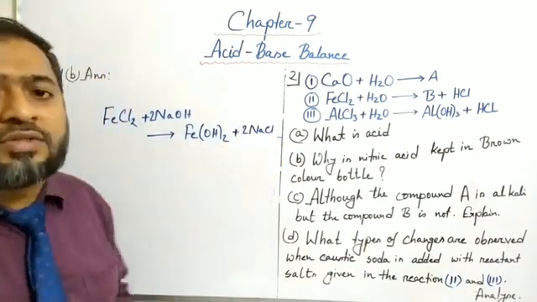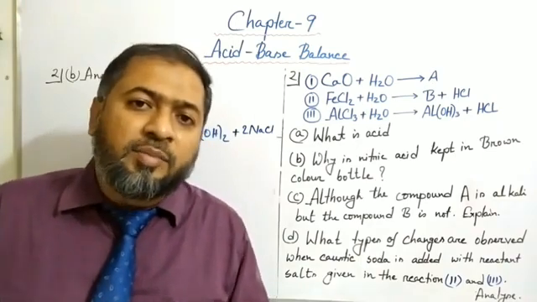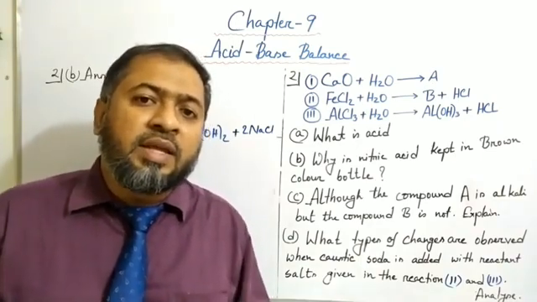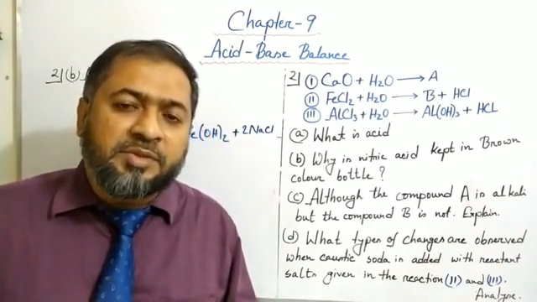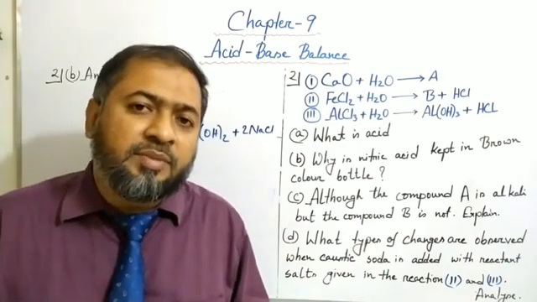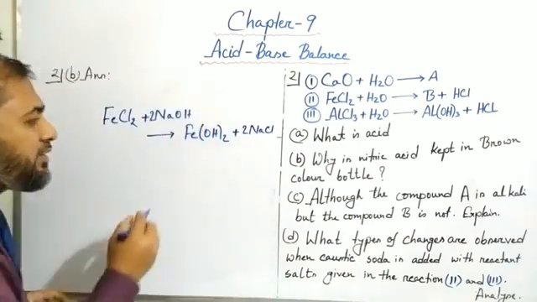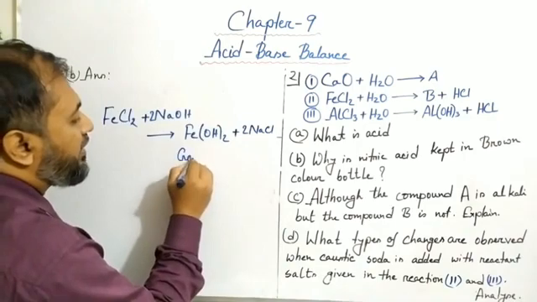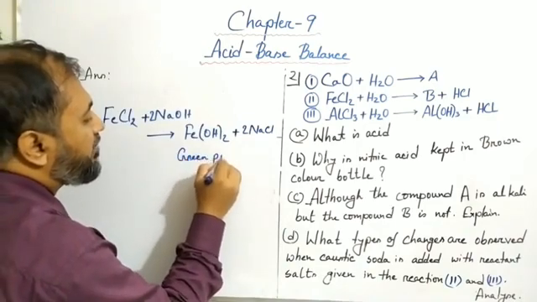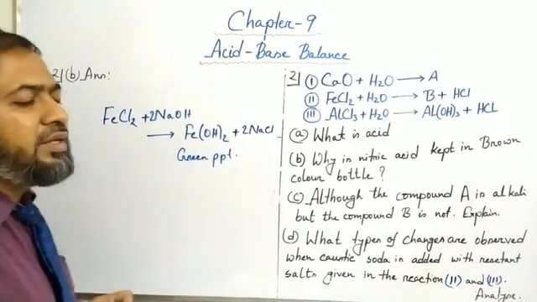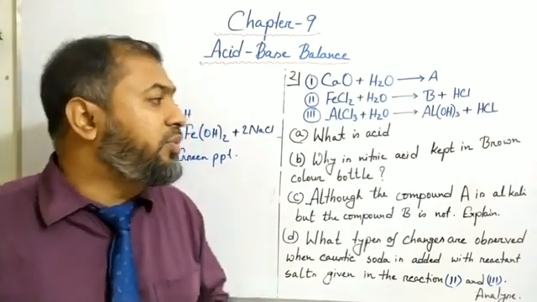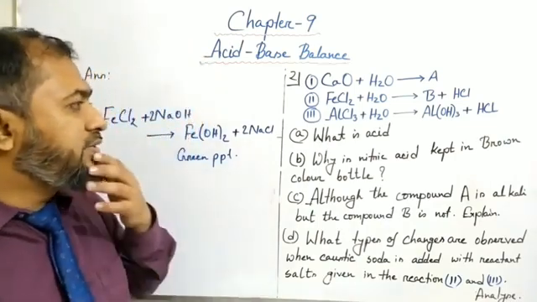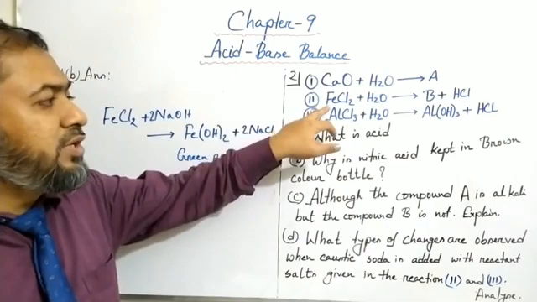This ferrous hydroxide cannot dissolve in water. Consequently, it creates a precipitation, and the color of that precipitation is green. It creates a green precipitation when we add sodium hydroxide to ferrous chloride solution.